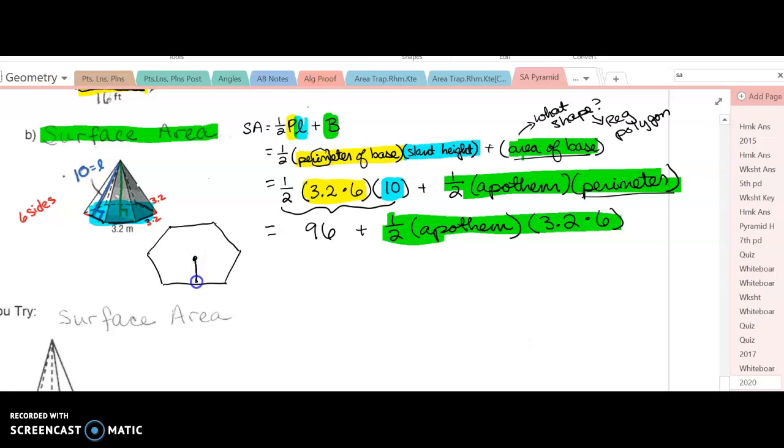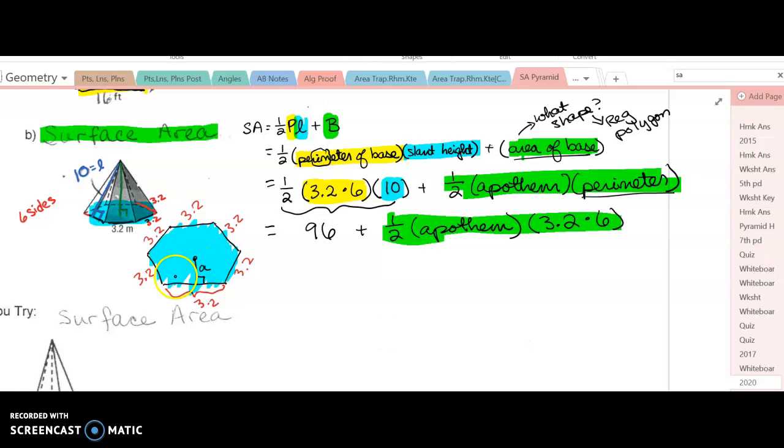Here's my apothem. It goes from here. So this is just the base of the pyramid is what this blue part is right here. On the base of my pyramid, I know that each side is 3.2. And I need to know the apothem in order to solve this area of the base problem. So here's my apothem A.